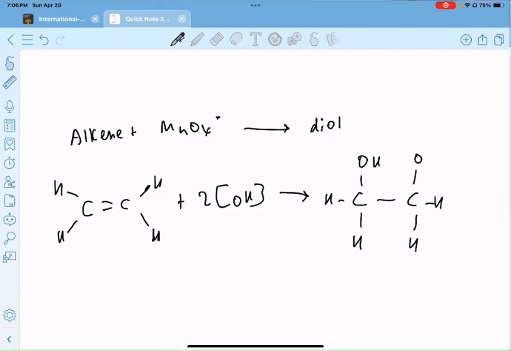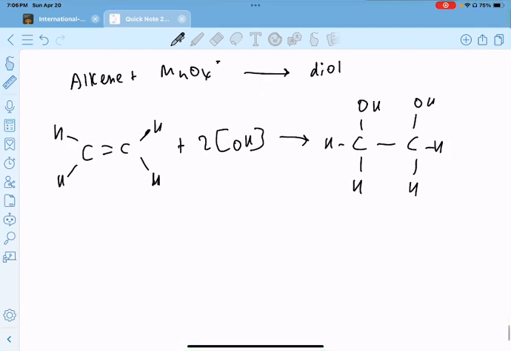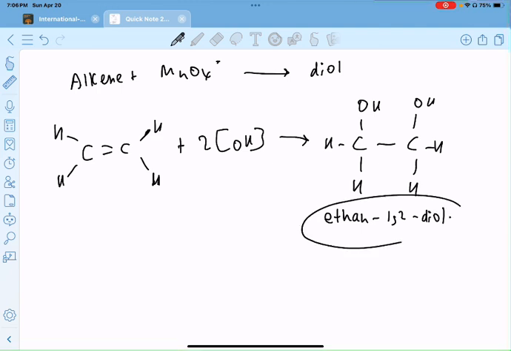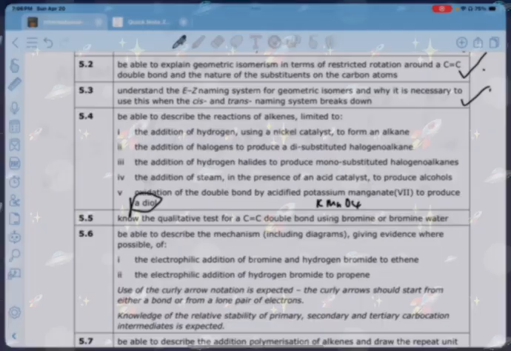This is what you form. What is this called? This is called ethane-1,2-diol, okay? So yeah, that is what this is.